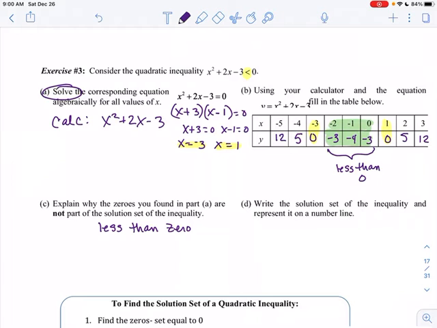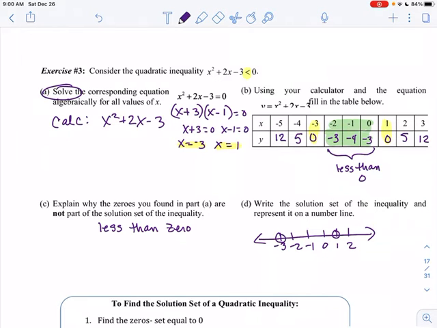All right, and then if I have to write the solution set of the inequality and represent it on a number line, basically my solutions are, let me include -3, -2, -1, 0, 1, 2. All right, so my solutions, 1, 0, okay, but I'm not including 1, so I'm going to have an open circle.